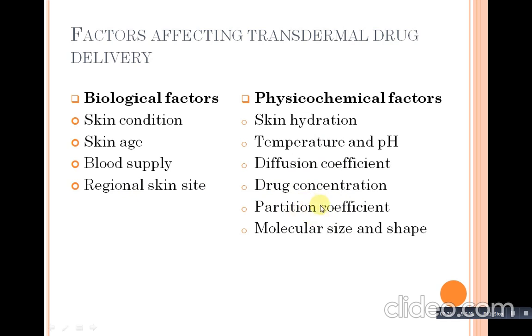If it is too high, then the drug is highly lipophilic in nature. So what happens in such conditions? The drug will be retained in the skin itself, and it will not go into the blood circulation.